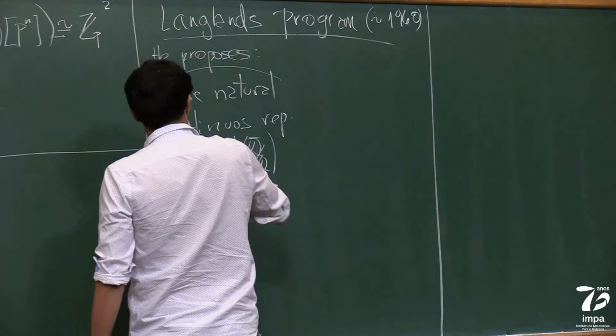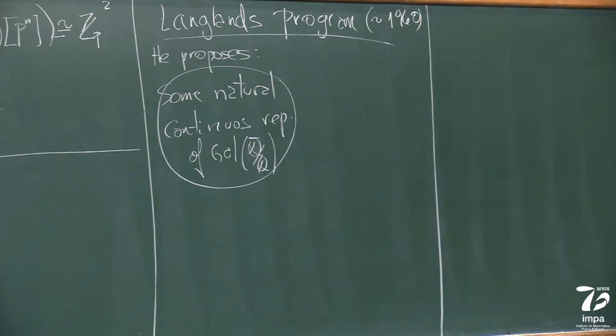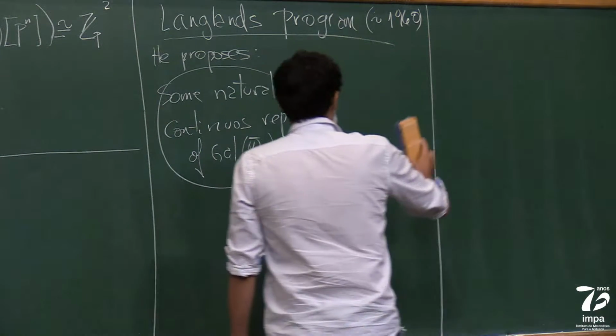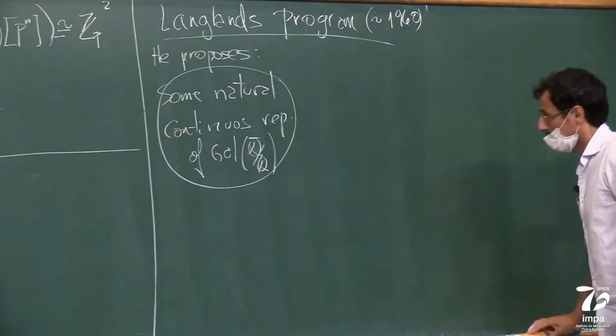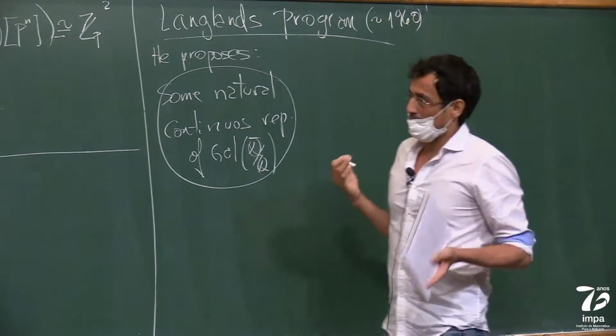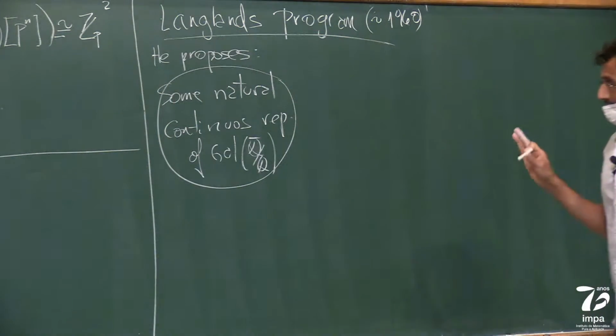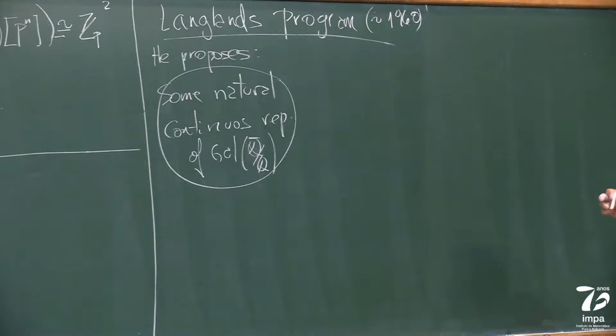Some natural means, I will not be precise, but conjecturally means that you can describe them in terms of algebraic geometry. So you put several conditions here, that at least you expect that they come from algebraic geometry. That is one side, the side that you are interested to study.